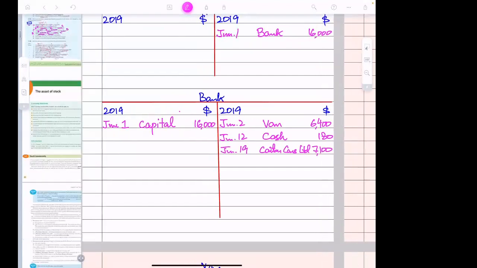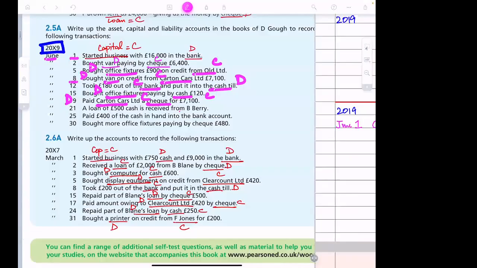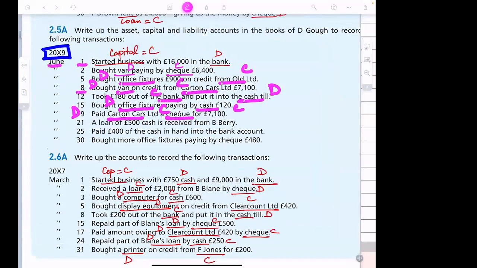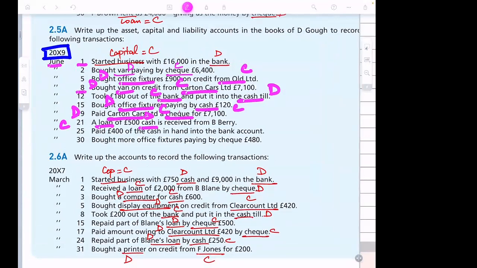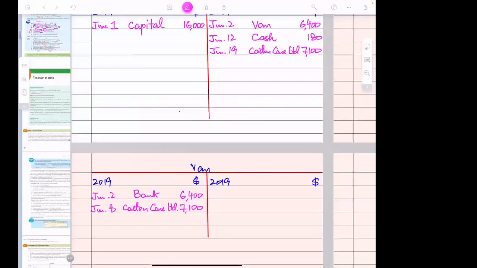Okay. So then a loan of 500 cash is received. So cash will be debited and loan will be credited. So we have the cash account, but we don't have the loan account. So let's quickly prepare the loan account too.